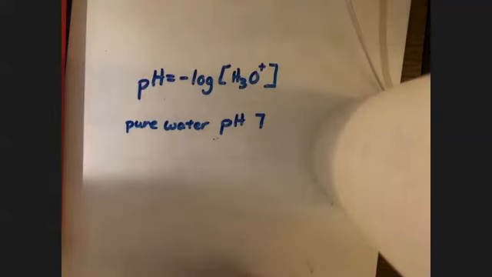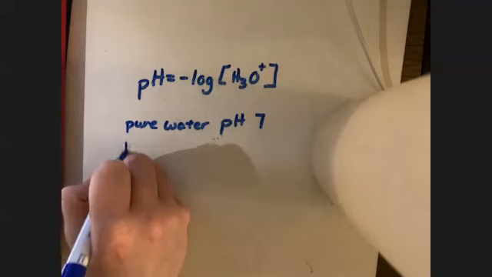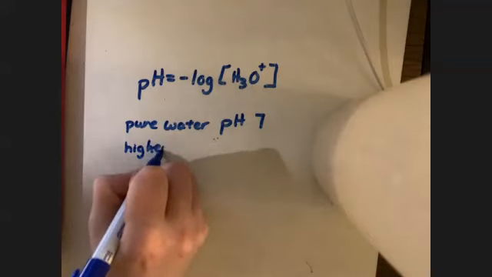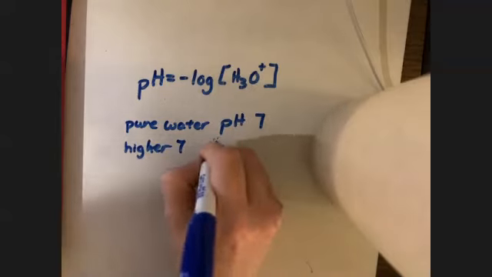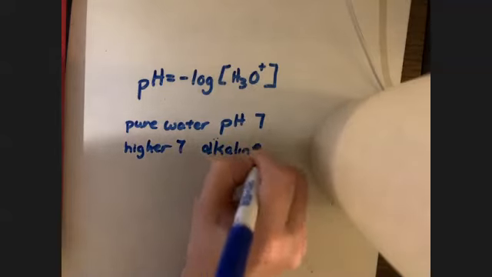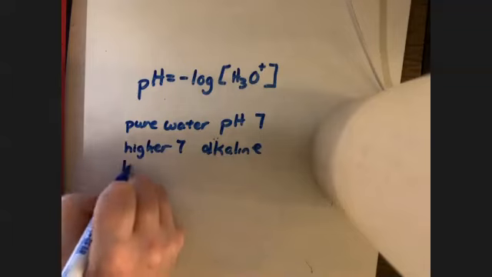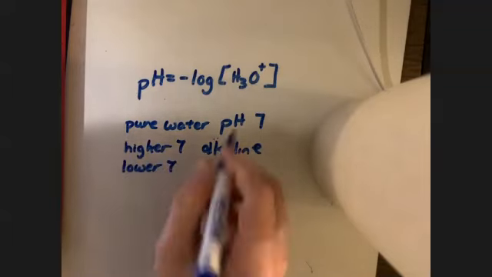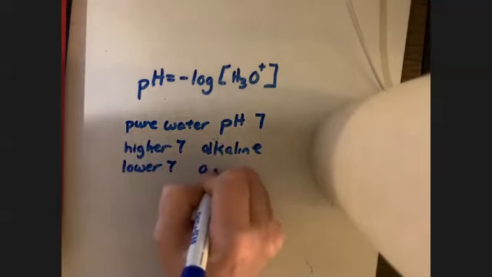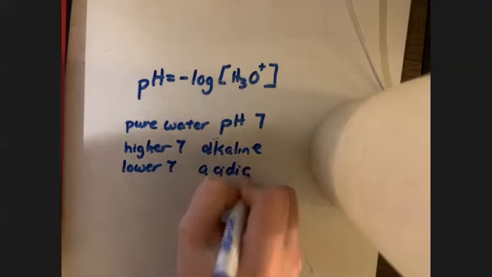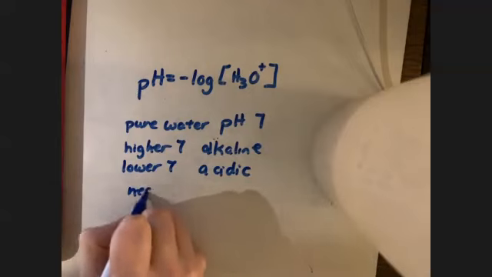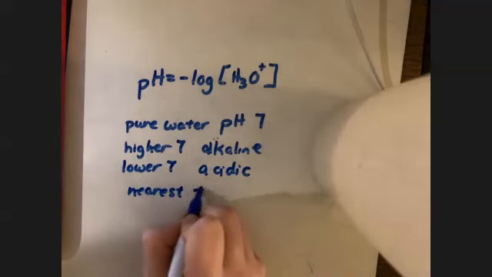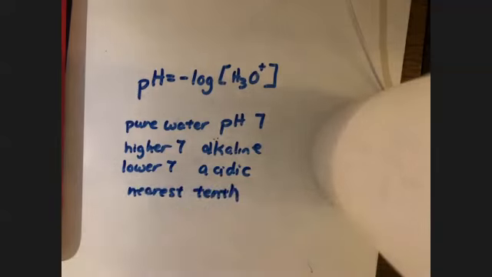If you go higher than 7, then you are alkaline, and if you go lower than 7, you are acidic. Usually we do nearest tenth when we do these, so we're talking about 1 decimal place.